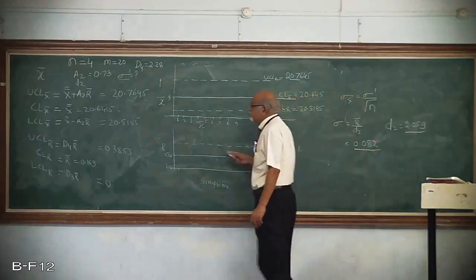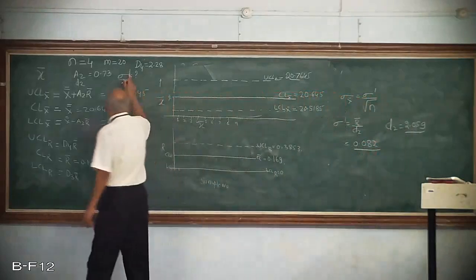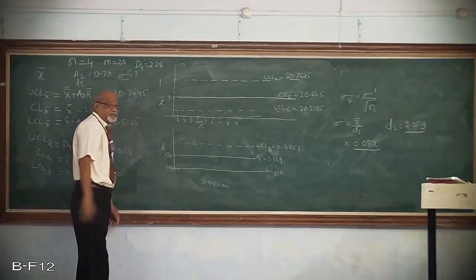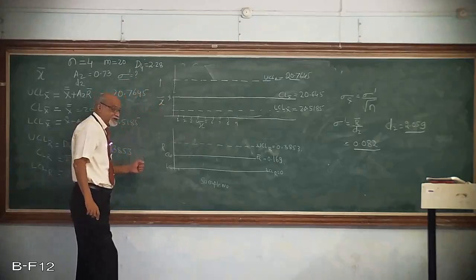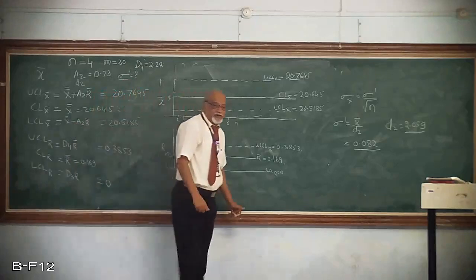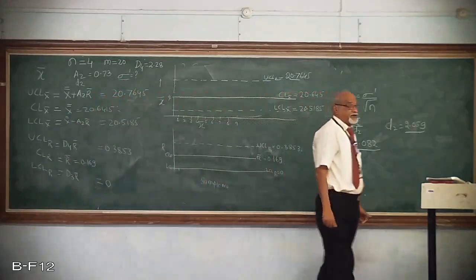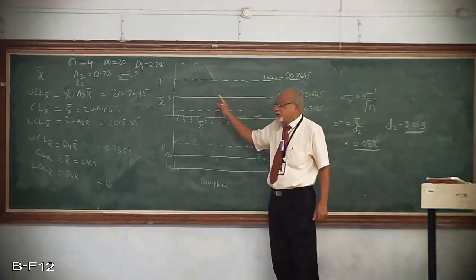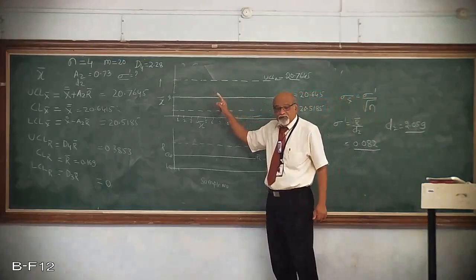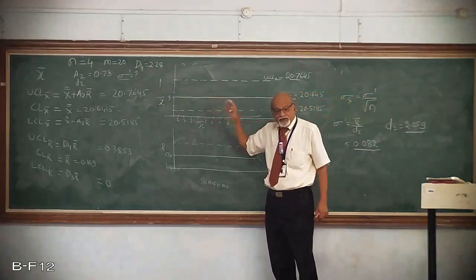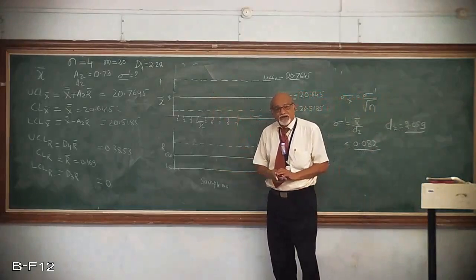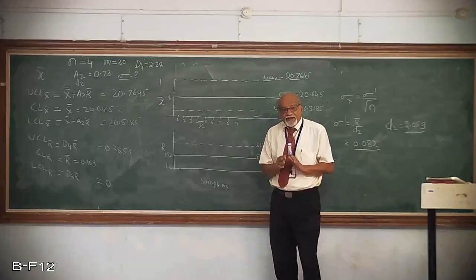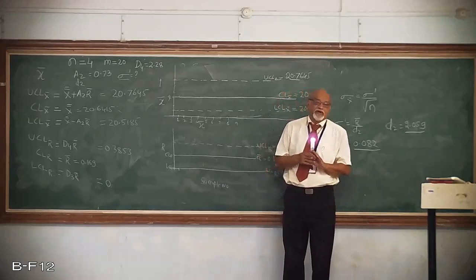Next thing that comes into our mind is, if I want to calculate this sigma prime, I should satisfy certain conditions. When the process is going on, first we need to establish that the process is under control. Then only I can find out the sigma prime.